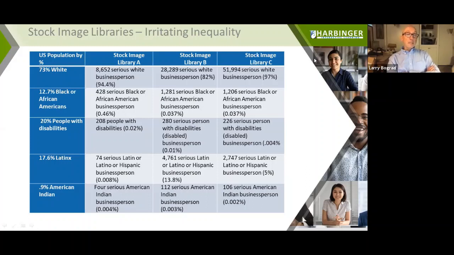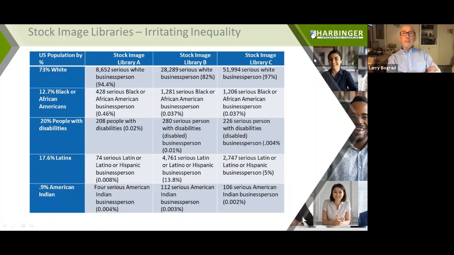And then I did a search for American Indians. As you can see in the column on the far left, and this is just for the US, the US population is 73% white, almost 13% African-American. 1 in 5 Americans is a person with disabilities. People probably don't realize that because we don't see them very much in the media.